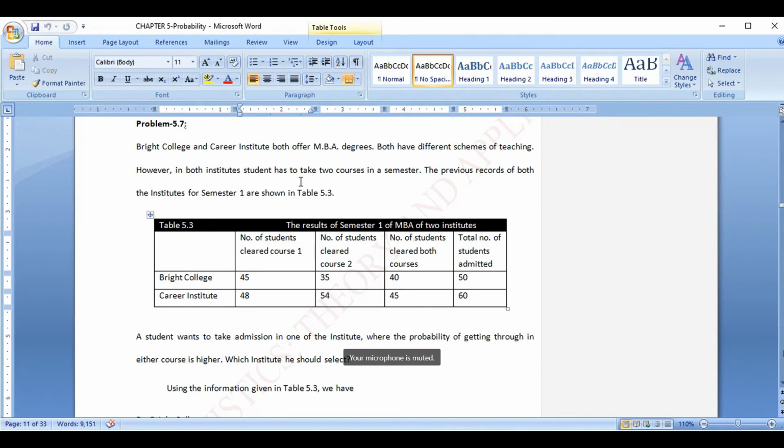Yes, sir. Can you see the table? Sir, your voice is cutting in and out. Yes, there is a connectivity problem. Can you see the board, the table now? Yes, sir.